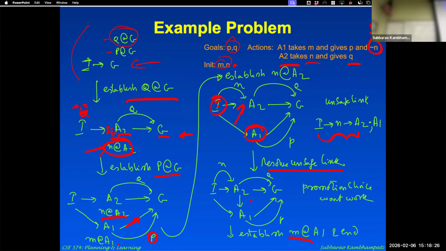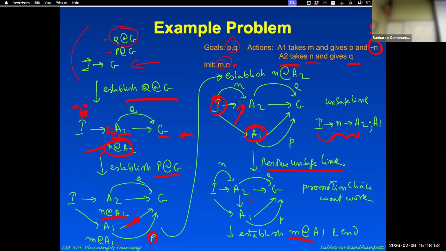There's only one such step, because A2 is the only step. So S1 will be A2, and of course it has to come before S infinity.